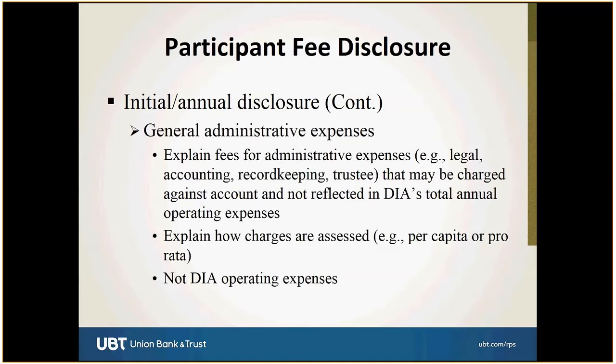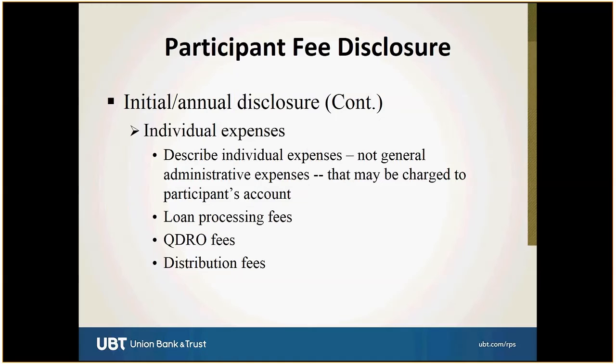You only need to disclose fees if participants are going to be paying those fees out of their plan account. And general administrative fees, we're not talking about the operating expenses for mutual funds, those DIA operating expenses. Also, individual expenses for distributions, QDROs, or loan processing that not everybody has, but that are individual to the participant receiving that service.